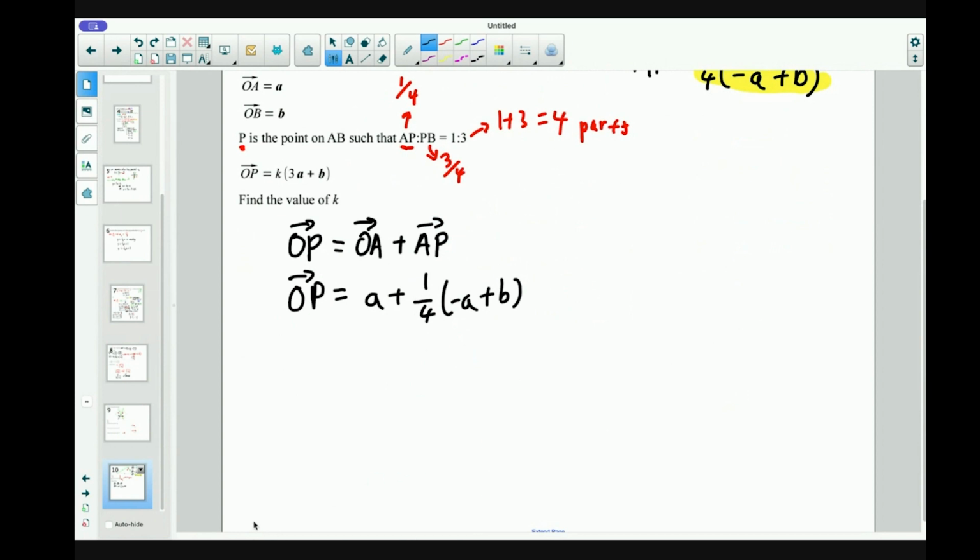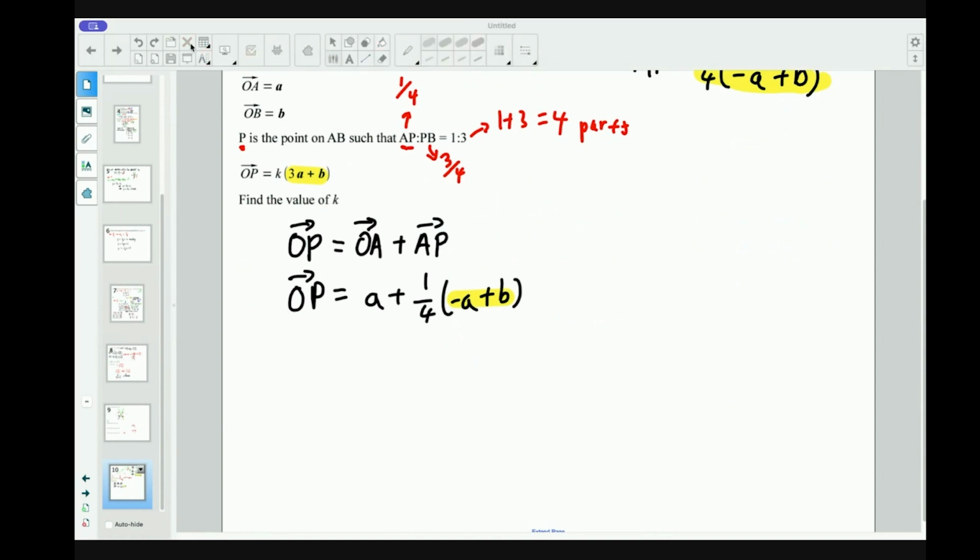All right, and at this point, this is where I find, again, lots of students get stuck because you're now looking at what you've been presented and you're thinking, well, this doesn't look anything like what I want. So any ideas, right? Because we want to get 3A plus B, we don't have 3A plus B yet. What can I do in this case?